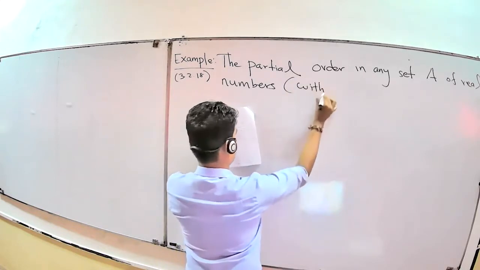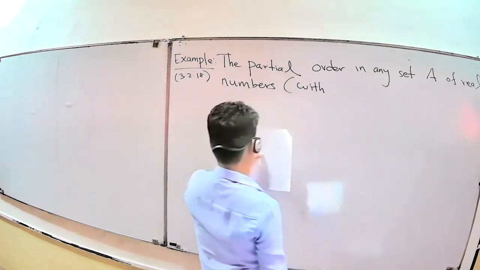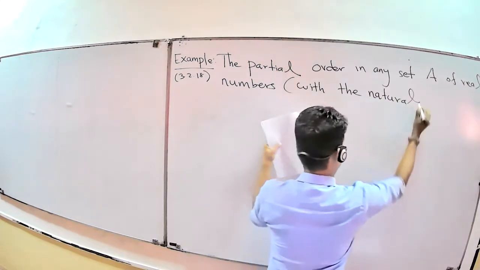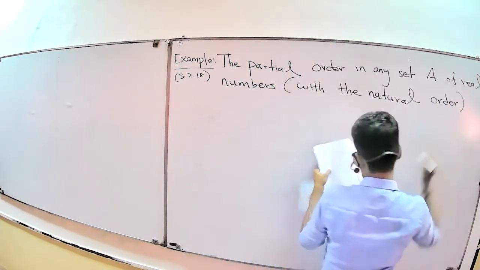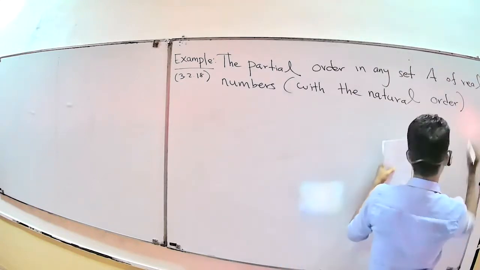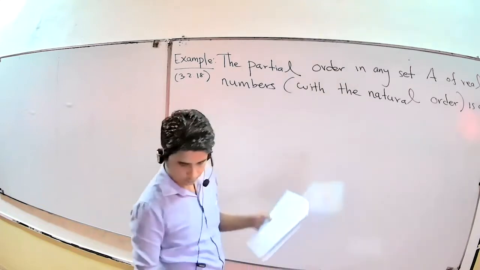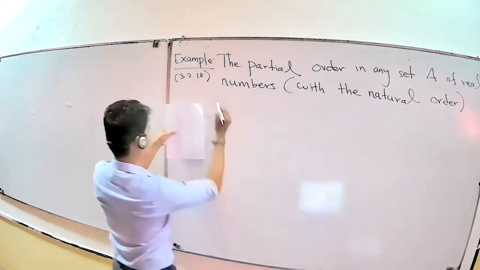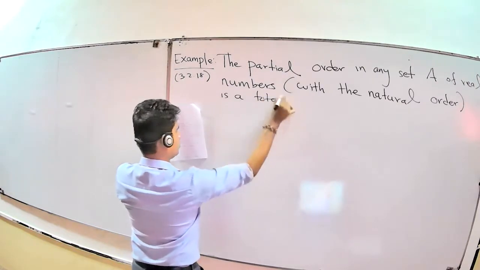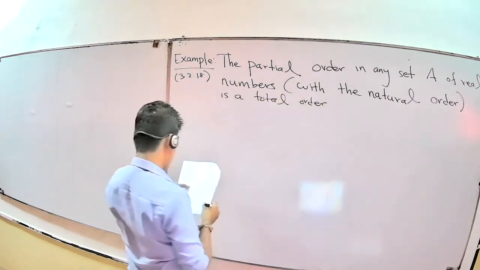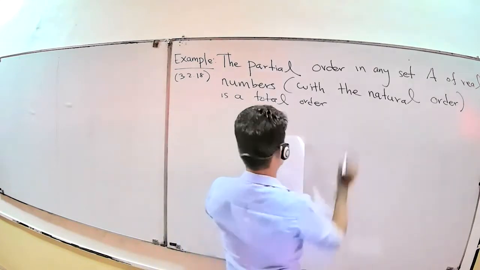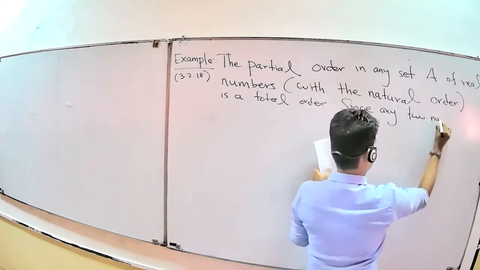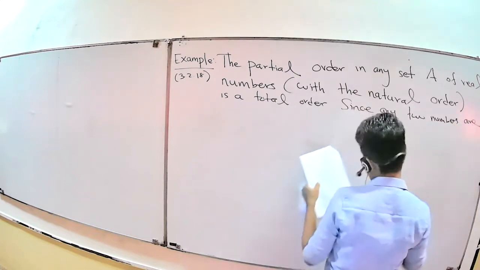You already know the definition for the natural order, meaning less than or equal. The natural order is a total order, since any two numbers are comparable.